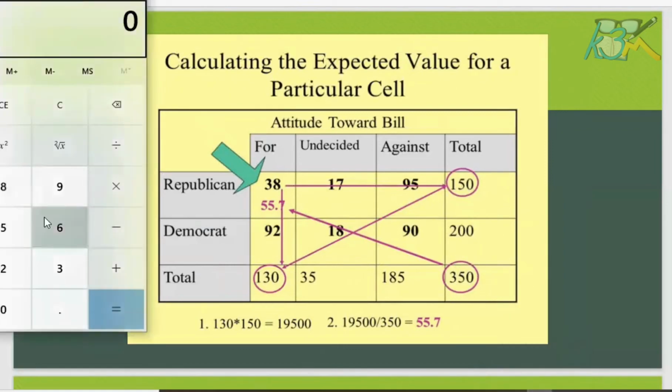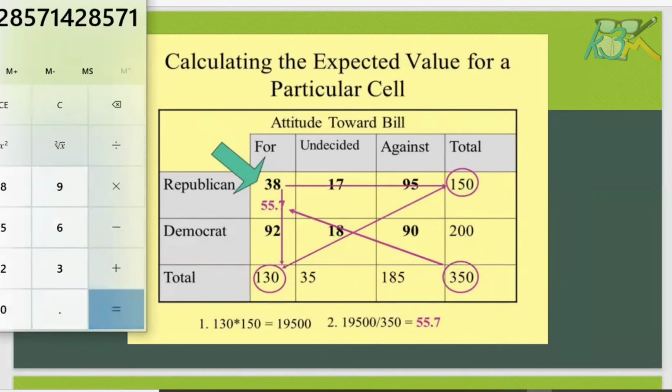So we have this calculator. So ang sagot nito is 55.7. So kung makikita nyo, 130 times 150 divided by 350. So we have this 55.7.